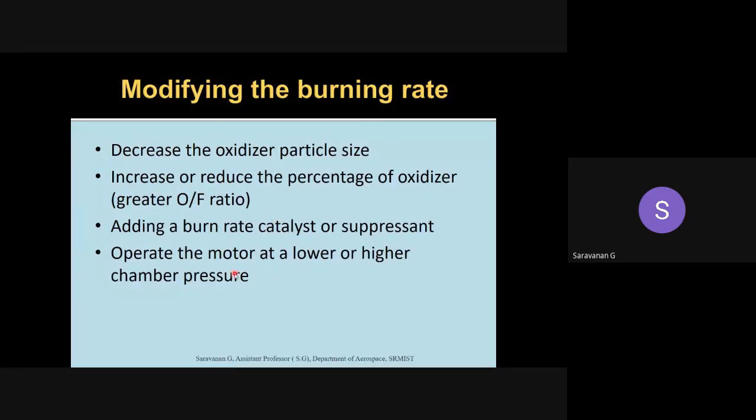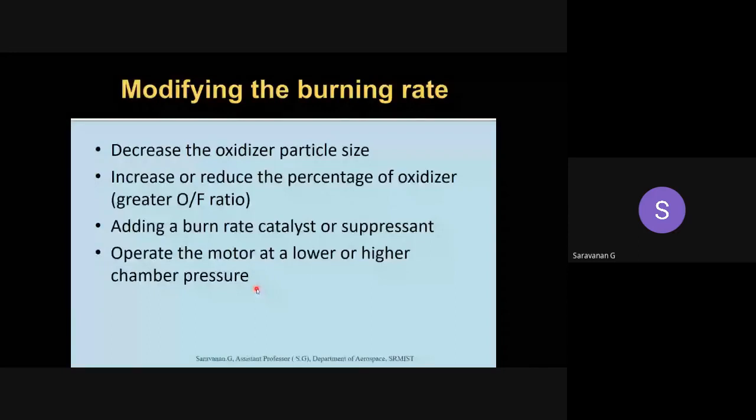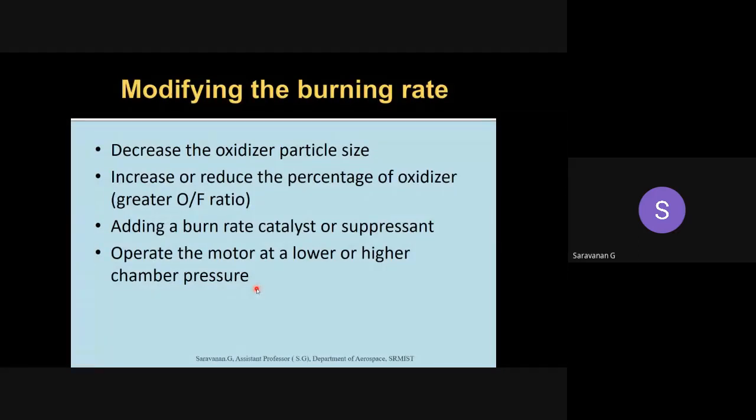Then you can go for lower or higher chamber pressure with respect to the burning rate required. With respect to the chamber pressure condition, we can modify the burn rate. So modification of the burn rate depends upon the particle size of the oxidizer, the oxidizer fuel ratio, the chamber pressure, lower or higher, and adding a catalyst or a suppressant.